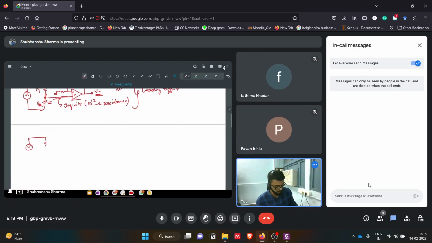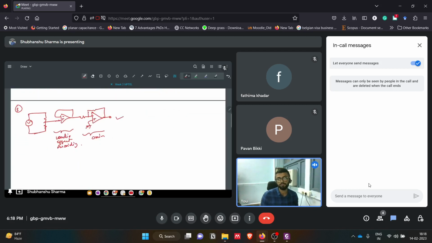Again, this is the voltage divider circuit, then we use this buffer, and after that we use this inverting amplifier. This will give the gain, and this will avoid the loading effect. So this was the third circuit which we used.